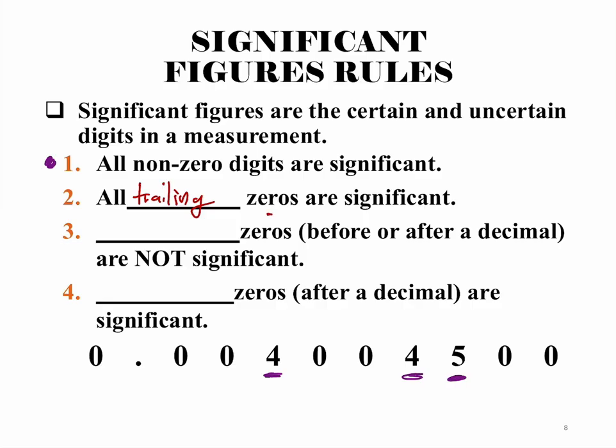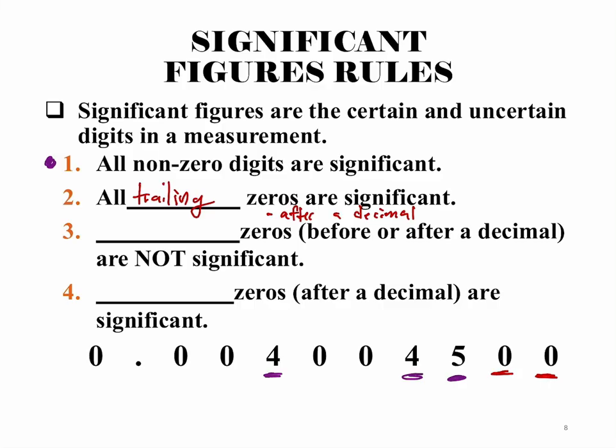All right, so this is after a decimal, sorry, I should say, not decimal place. So that means that these two zeros here are significant. Why? Because it's after a decimal place. Here's our decimal place, and these come after the last non-zero significant digit.